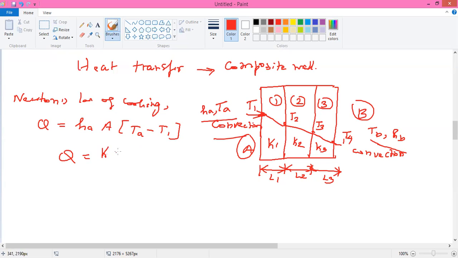K1 is the thermal conductivity of the first element, so Q equals K1 A divided by L1 into (T1 minus T2). So we find the heat transfer for the first element: initial temperature minus final temperature. We use T1 first because it is the higher temperature, so T1 minus T2.